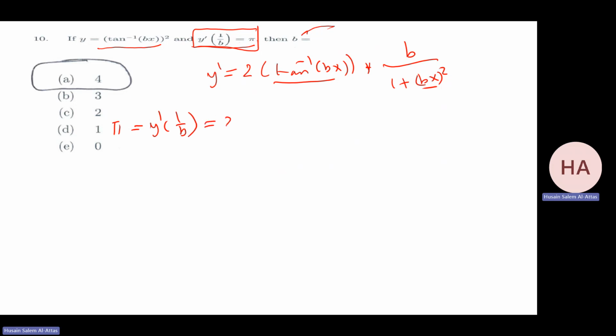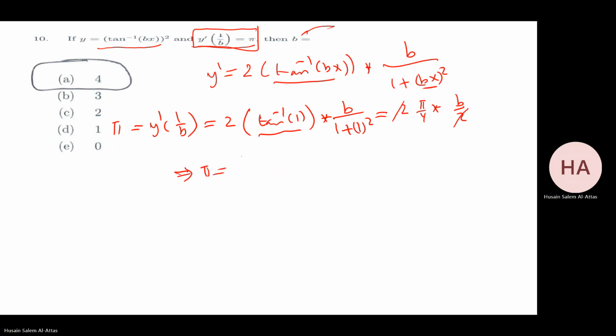So this is what? 2 tan inverse of 1 times b over 1 plus 1 square. Tan inverse of 1 is pi over 4, so 2 pi over 4 times b over 2. So I have pi equals b pi over 4. So that means b equals 4 pi over pi, which is 4. So this is b.